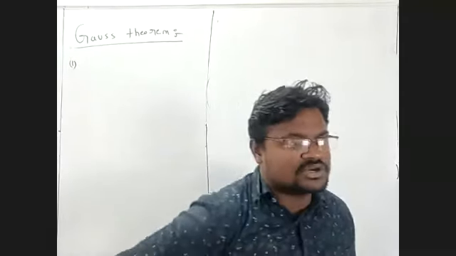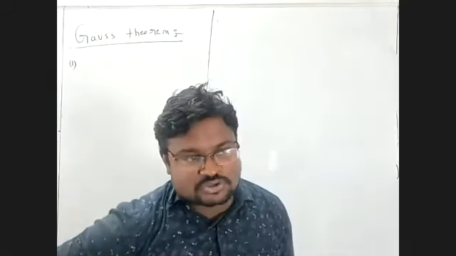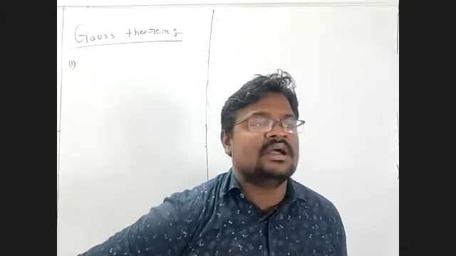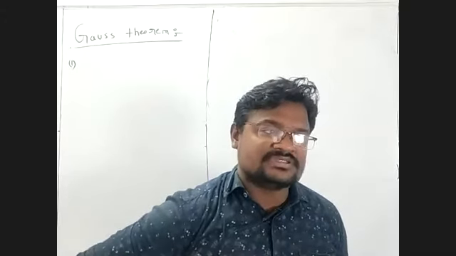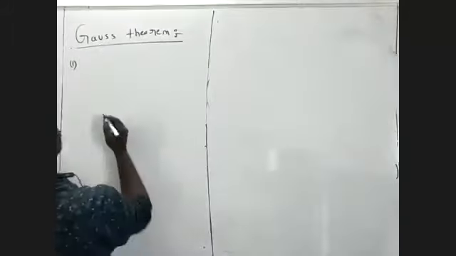Next, the Gauss law statement. What is the Gauss law statement? The total electric flux passing through any closed surface is equal to 1 by epsilon naught times the charge enclosed by the surface. I'm going to note this down.